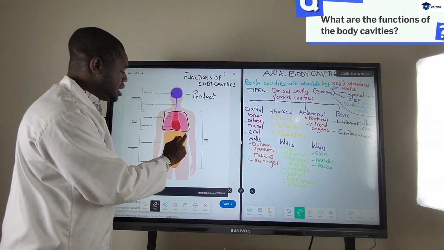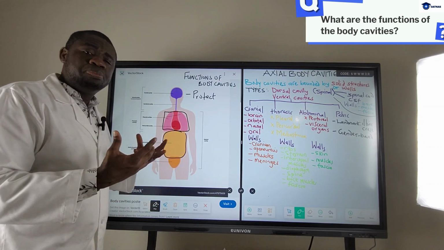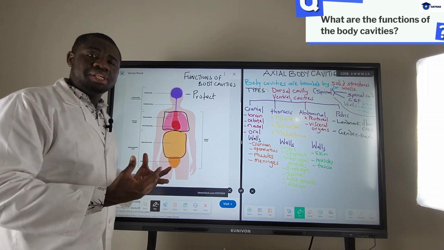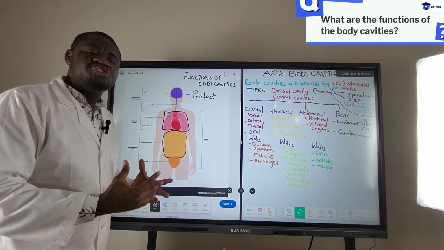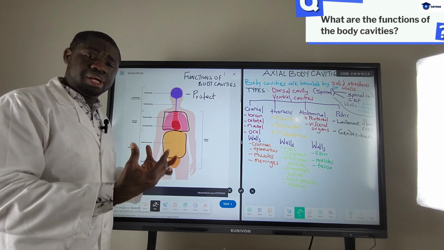Look at the abdominal cavity. For instance, it helps to protect the internal structures from external injury. How does it do that?